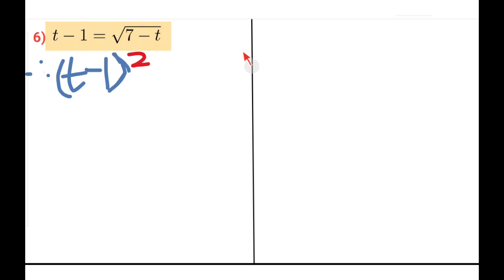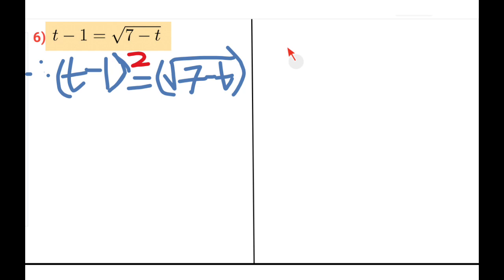That to the power of 2 equals the square root of 7 minus t, all to the power of 2. When you square a square root, you get rid of the radical.